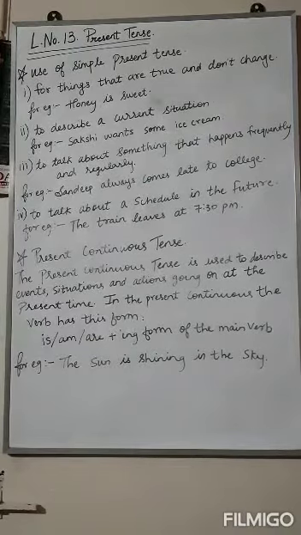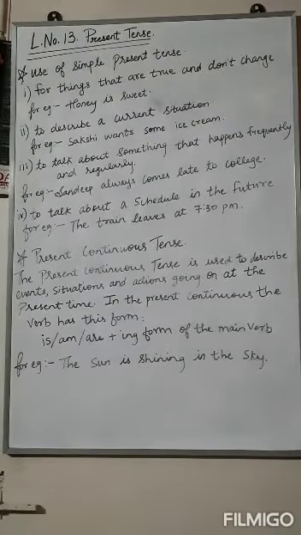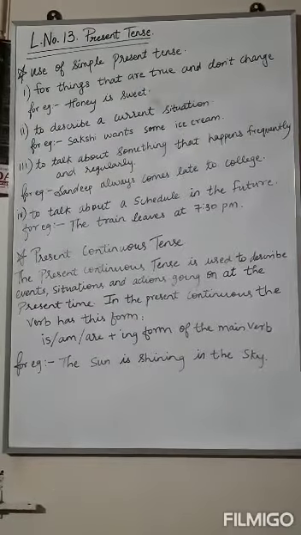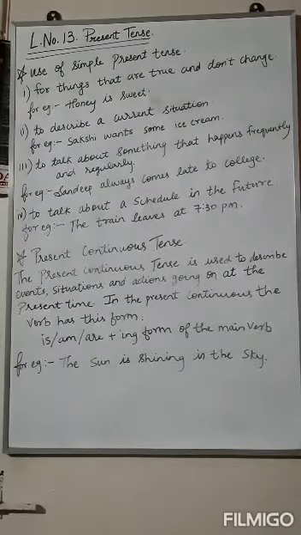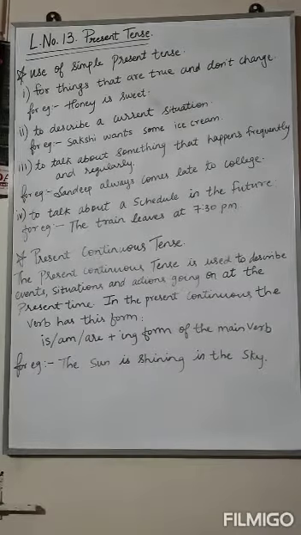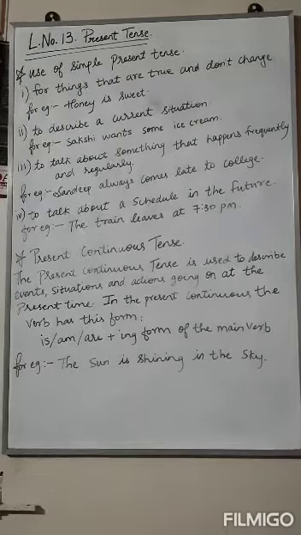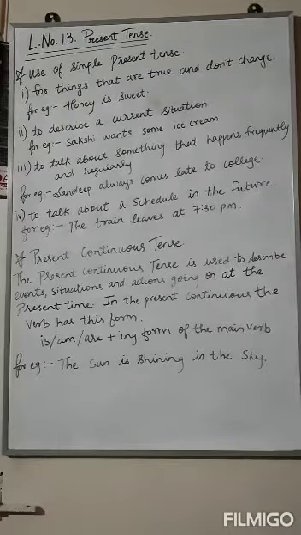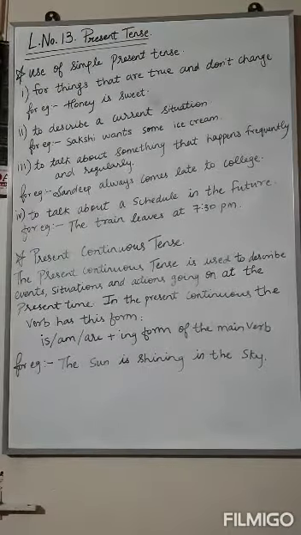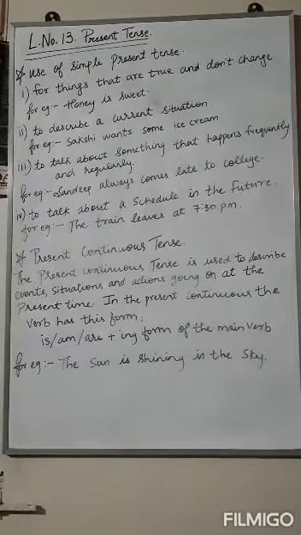Next is present continuous tense. The present continuous tense is used to describe events, situations and actions going on at the present time. In the present continuous, the verb is in the form of is, am or are plus the ing form of the main verb.